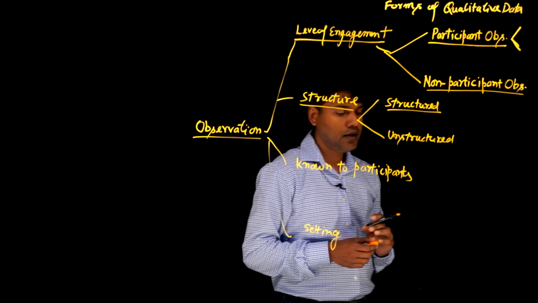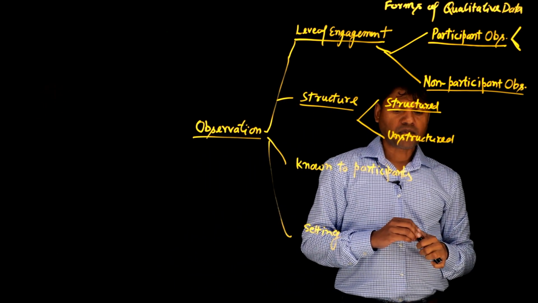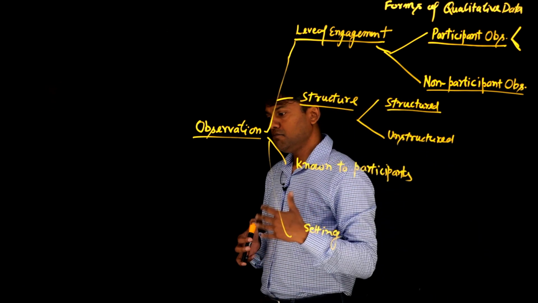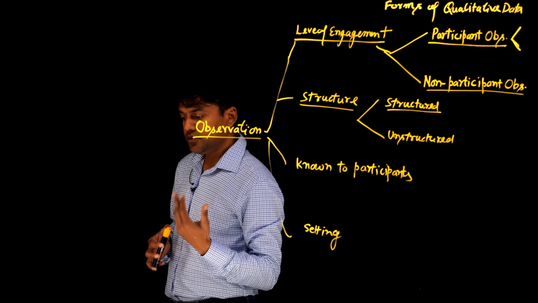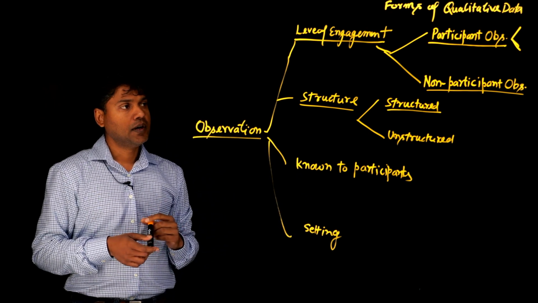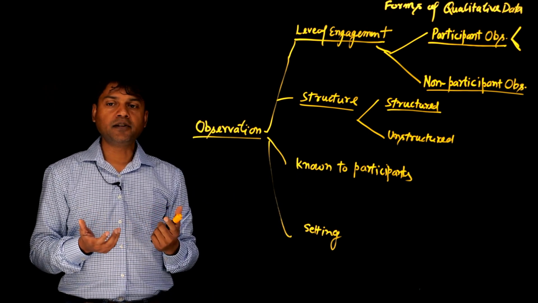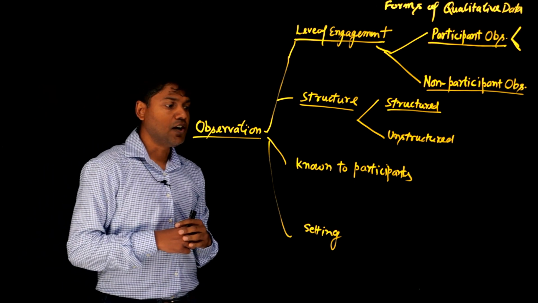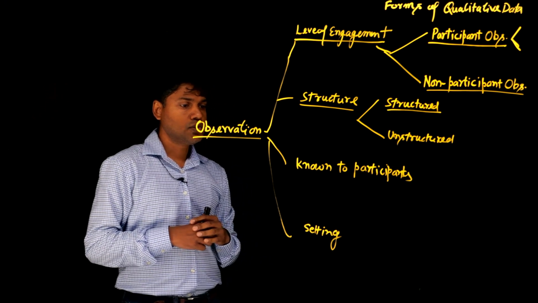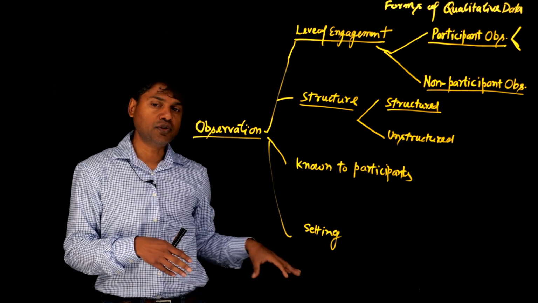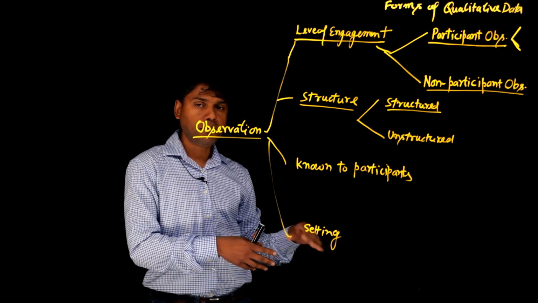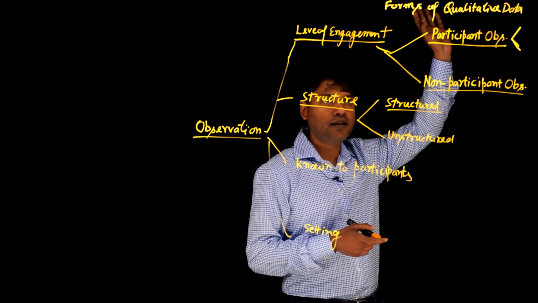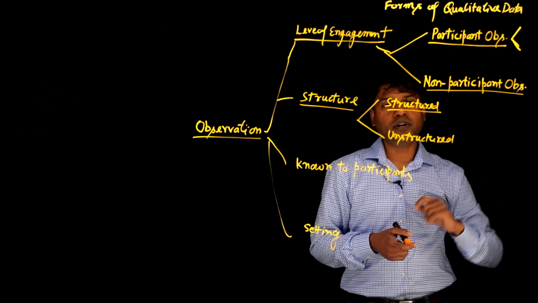Let's say I am doing a study where I'm trying to understand students' behavior, so I might have predetermined criteria such as, during the class, how many times students talk to the student sitting beside them, how many times students raise their hands when they have a question.